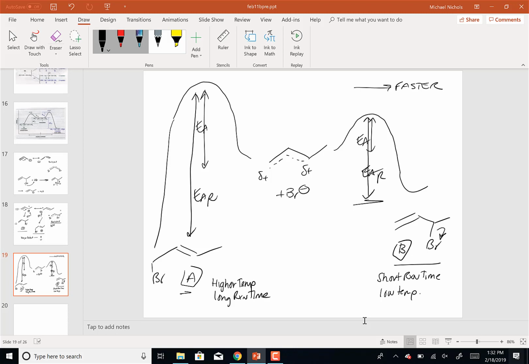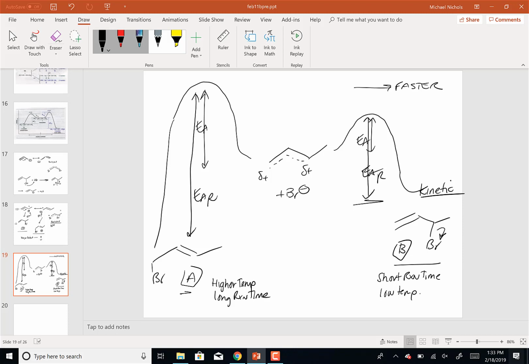Now let's give these names. The product that comes from the most stable intermediate is going to be called the kinetic product. Technically, the kinetic product is the first formed, or fastest formed, because it comes from the more stable intermediate.